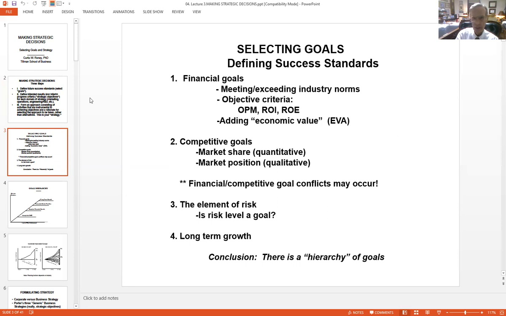We won't get into that right now, but essentially measures of EVA are developed by defining the difference between rates of return on invested capital and the cost of invested capital.